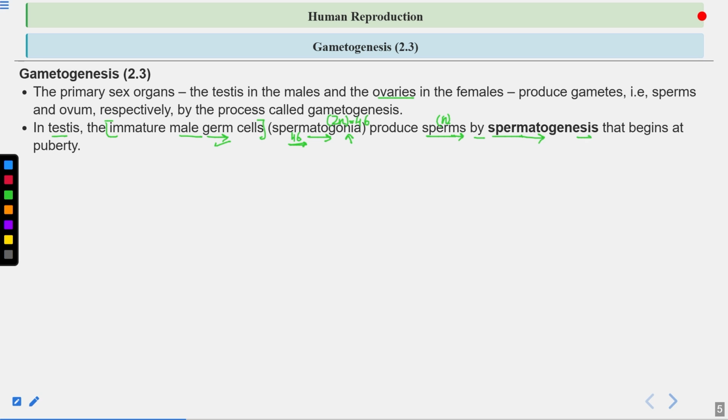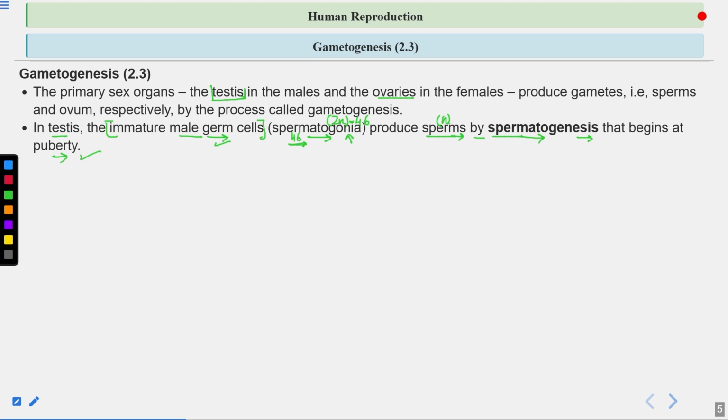And this spermatogenesis begins at puberty. When the male attains puberty, the sperm formation starts within the testes. Now, why at puberty only? Why not before puberty?